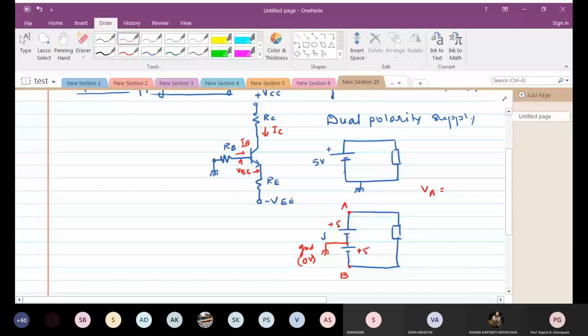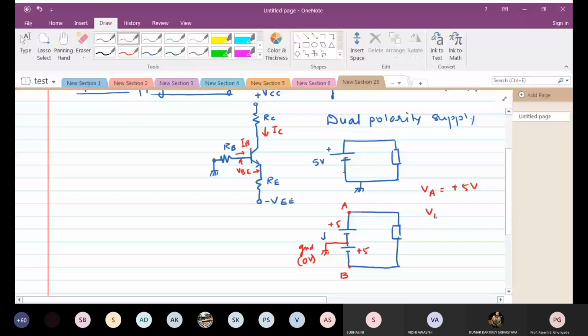Look at the polarity of the two batteries connected back to back like this. So what is VA? Plus 5 volts. What is VB? Minus 5 volts. Excellent.